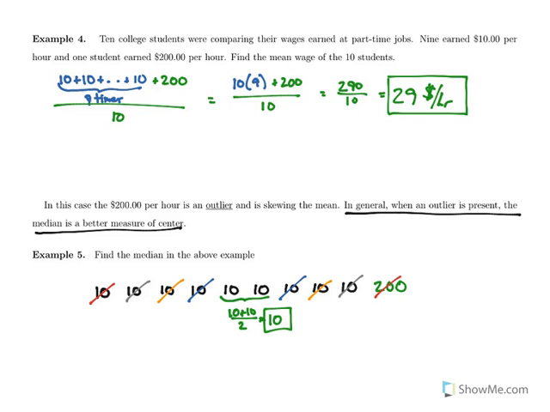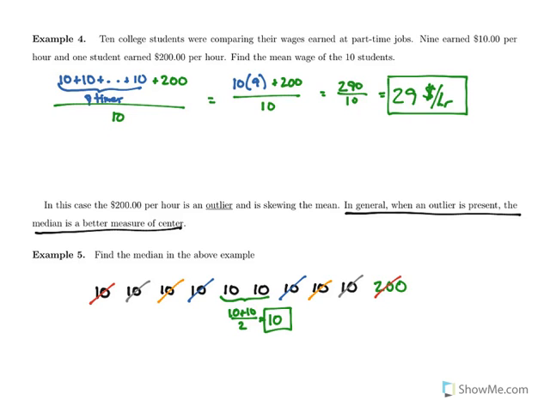Let's talk about the positives and negatives of both of those. To say that the average wage here is $29 is to give this impression that most people earn about $29 an hour, when in fact that's just not the case. Almost everybody earns $10 an hour, with one person earning a lot more.